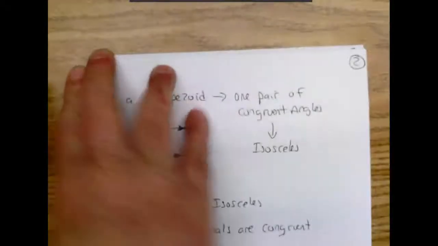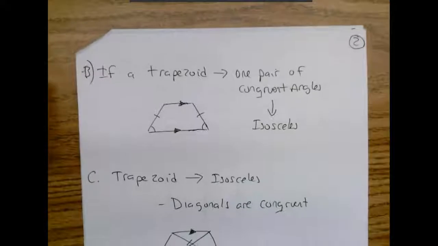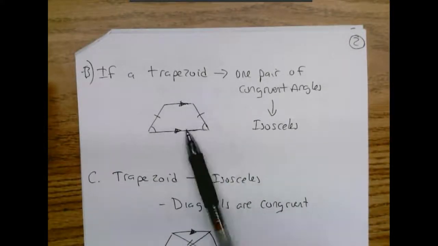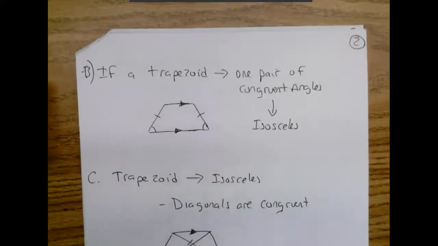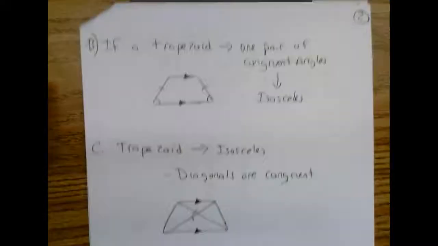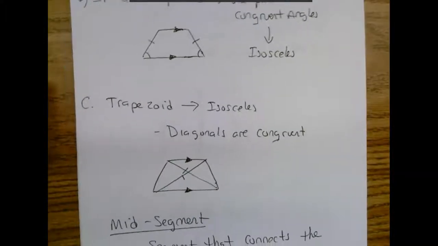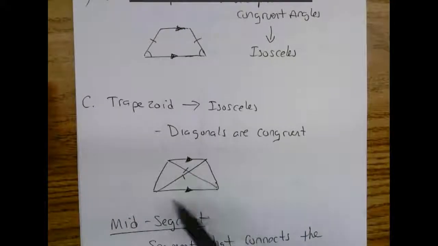We then keep going. We can also say if a trapezoid has one pair of congruent angles, it's also isosceles. So we have these are congruent, right? So if these angles are the same, that tells us these sides are the same, so that means it's isosceles as well. One of the last things here for trapezoids, it's also an isosceles trapezoid if the diagonals are congruent as well.